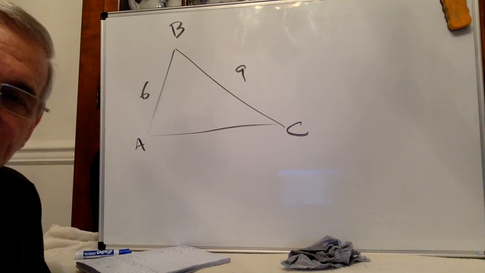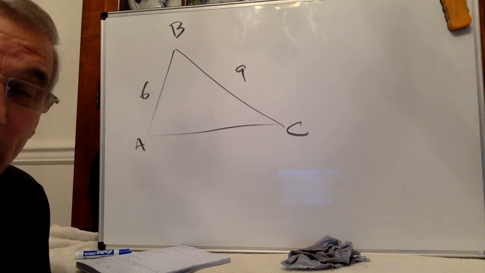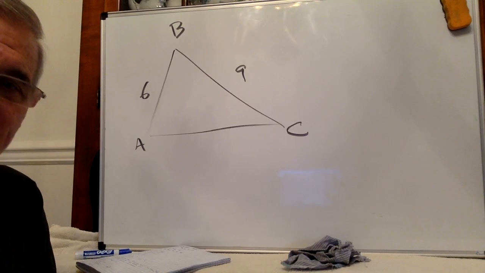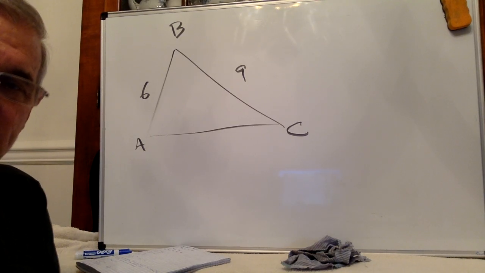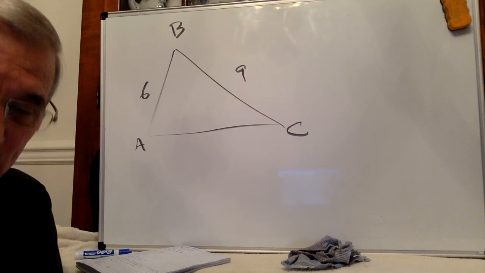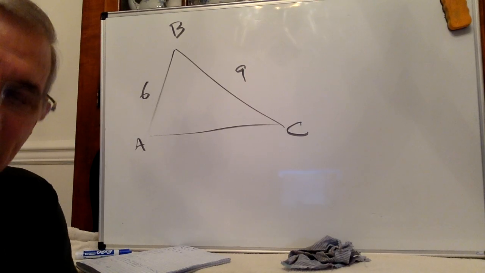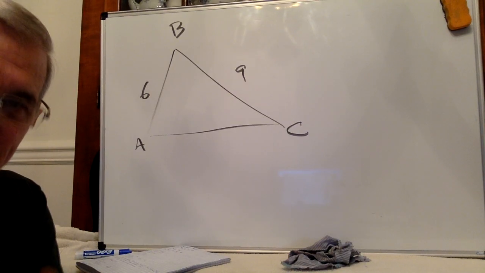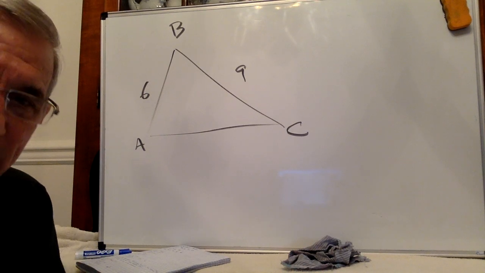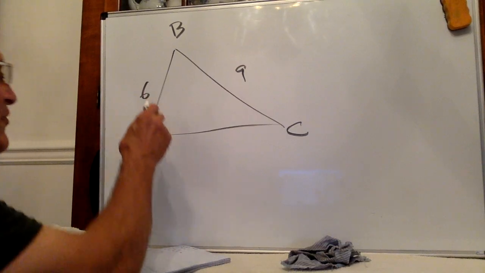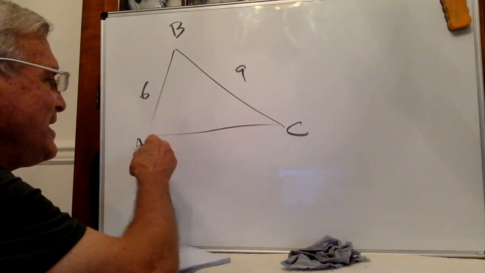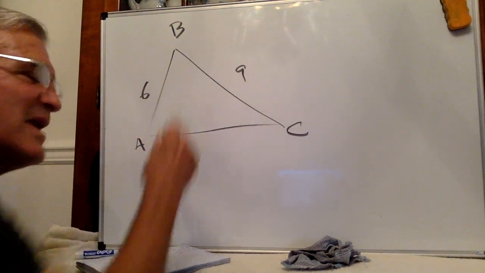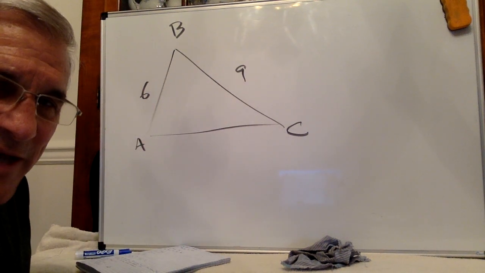All right, this is what I called the triangle inequality. The triangle inequality says the sum of any two sides of a triangle, the measures, must be greater than the third side. Therefore, I know that for side AC, the sum of these two sides has to be greater than AC.